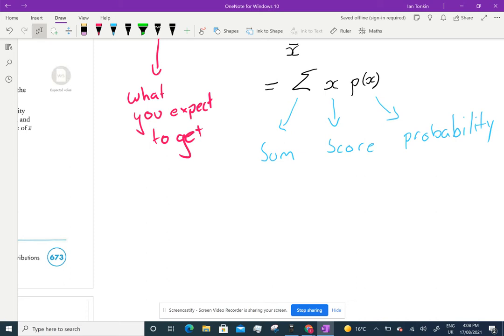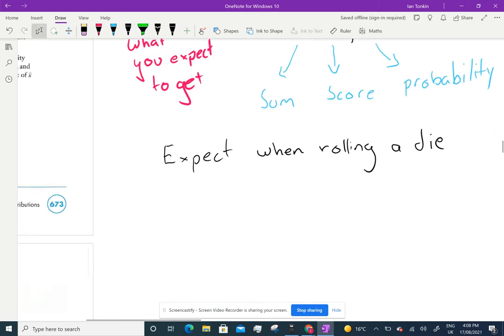So let's do rolling a die. So let's set up X, P of X. What do you expect to get when you roll a die? Well, what are my scores?